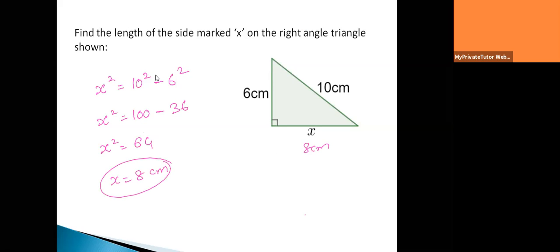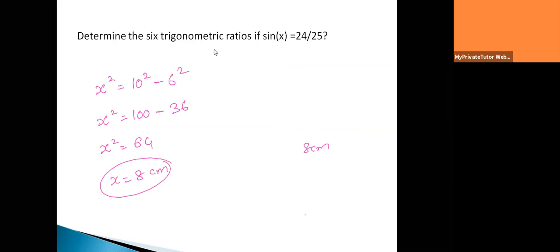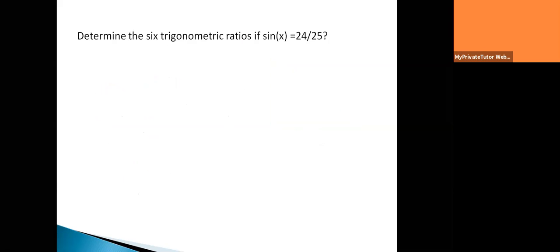So I have one more question, I think. If you want to try, please go ahead. So what is given? They have given sine theta, guys. We need to find all remaining ratios. Okay.